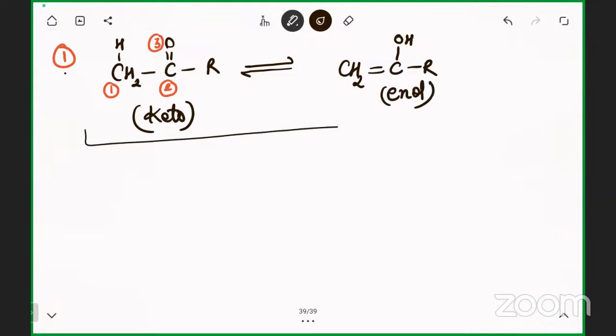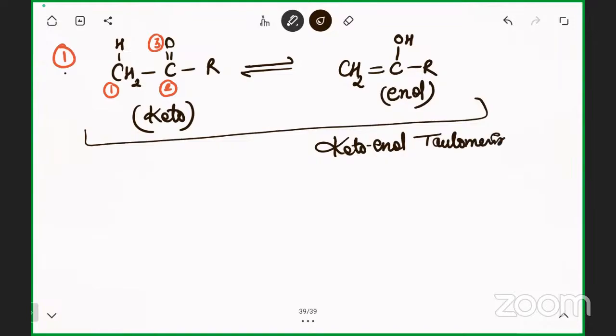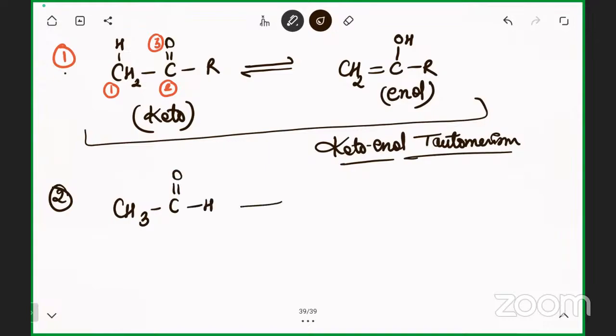This type of tautomerism is known as keto-enol tautomerism. Got it? Yes, sir. So let's make one more example, so that you can understand more. For example, we have CH3 C double bond O single bond H. Now tell me, what is the answer?